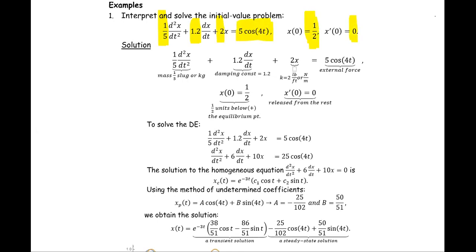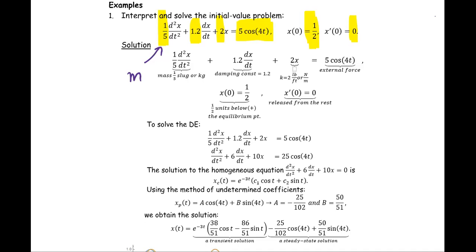For each of them, the 1 over 5 is the m, the mass. If this is in the English system, it's 1 over 5 slug; in the metric system, it's kilogram.